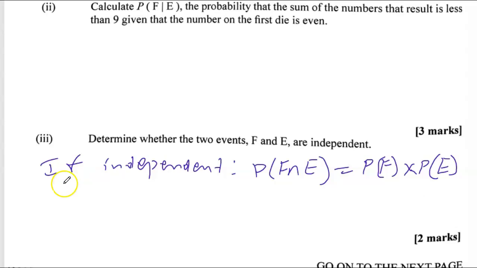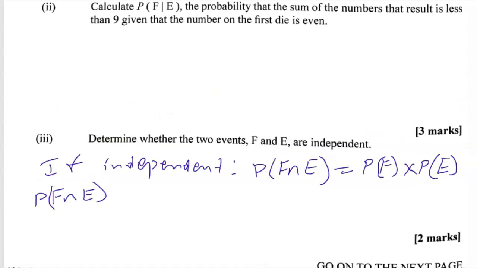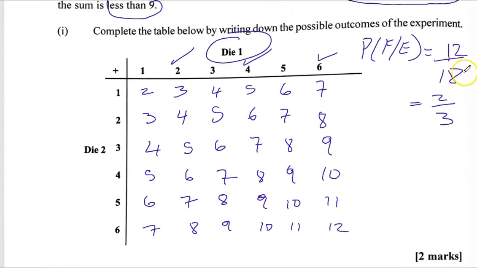Let's do the probability of F intersect E, when both these things are occurring together. So F and E, that's the event that the sum is less than 9 and the first die is even. We already did it, it's actually 12. But we're taking it from the entire sample space now.